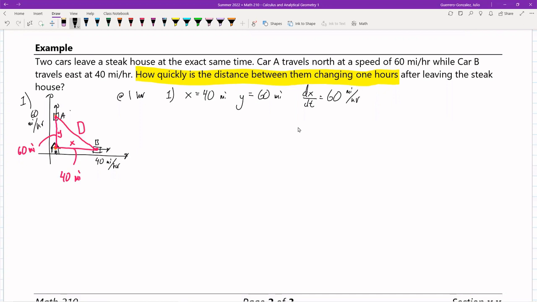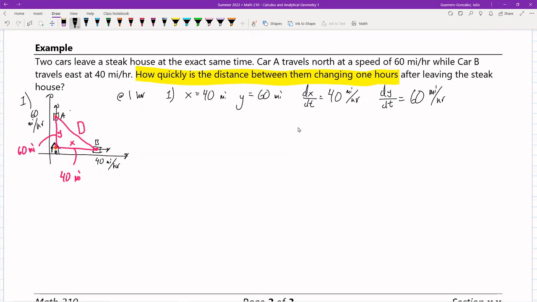And we have dy over dt, the rate of change for car B. Did I mix them up already? Yes, I did, my bad. So dx over dt is going to be 40, and dy over dt is going to be 60 miles per hour.